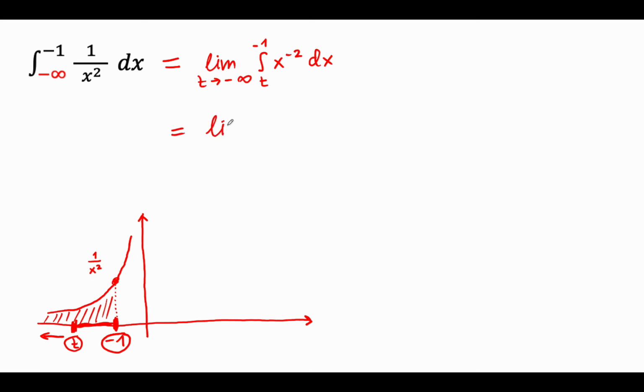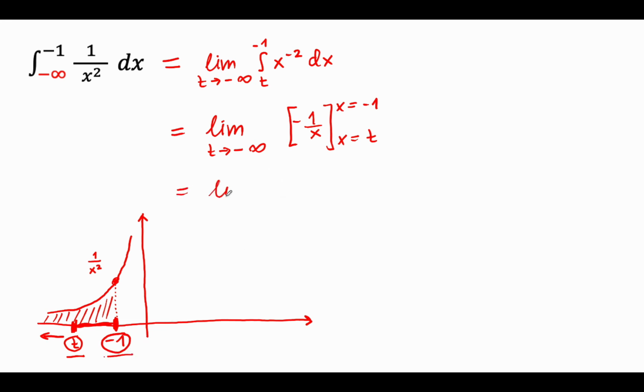This is equal to the limit as t goes to negative infinity, and this function we evaluate by the fundamental theorem of calculus. The antiderivative of this function is negative 1 over x, and I want to know what this function is equal to when x is equal to t, and then when x is equal to negative 1.